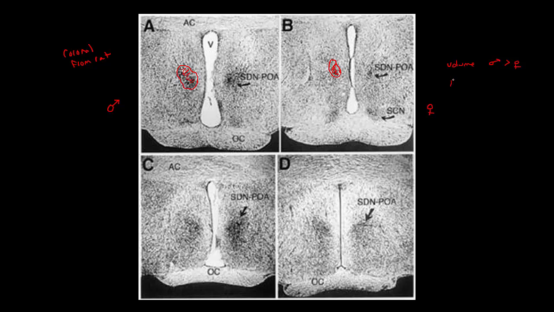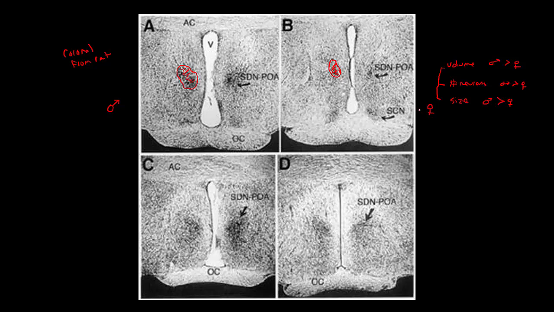Under high power, we can also count the number of neurons. Male also greater than female. If we look at the size of the neurons, male greater than female. So there's a lot we can tell. Now this is telling us about the structure. It's not telling us anything about the function yet.